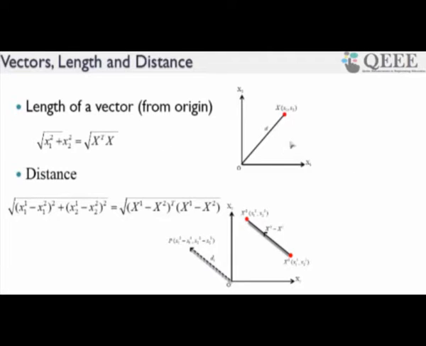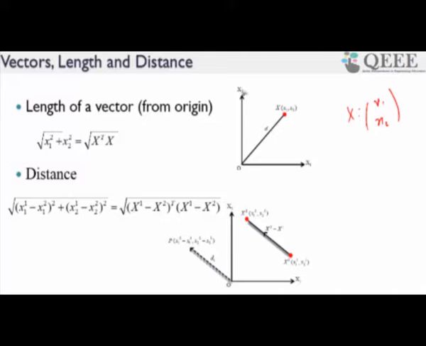To do that, we have to start by saying, okay, we will define what is called the length of a vector from the origin. It's easy to explain these things in 2 dimensions, so I'm going to do this in 2 dimensions, but the same notions are directly applicable in multiple dimensions, right? So if you had, let's say, a data point x1, x2, we want to know what is the distance of this data point from the origin.